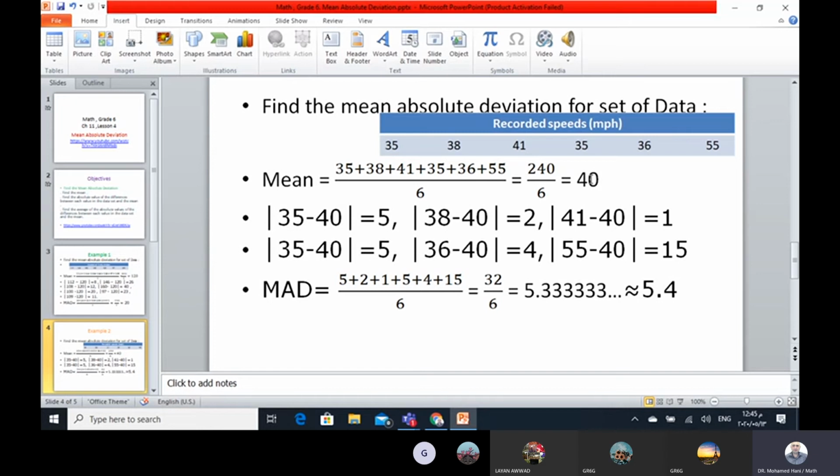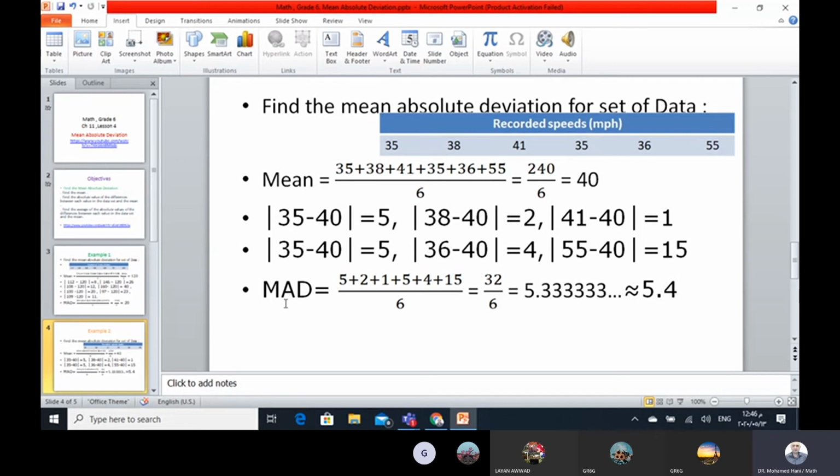Then 38 minus 40 is minus 2, absolute value 2. Then 41 minus 40 is 1. Then 35 minus 40 is minus 5, absolute value 5. Then 36 minus 40 is minus 4, absolute value 4. Then the last value, 55 minus 40, is 15. This is the second step.